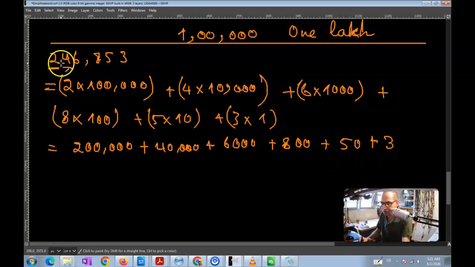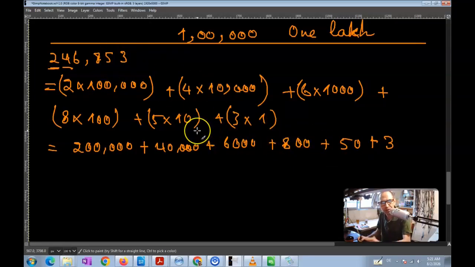So then when you want to read this number, you would read it more or less like this: 246,000, and 1,000 comes from here. 246,000, that means 200,000 plus 40,000 plus 6,000, and then 853.